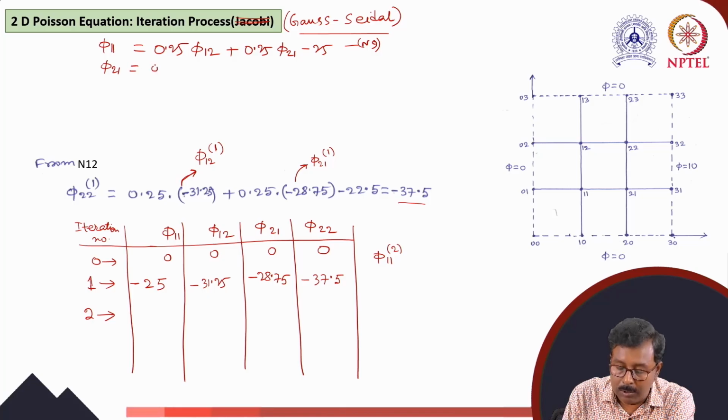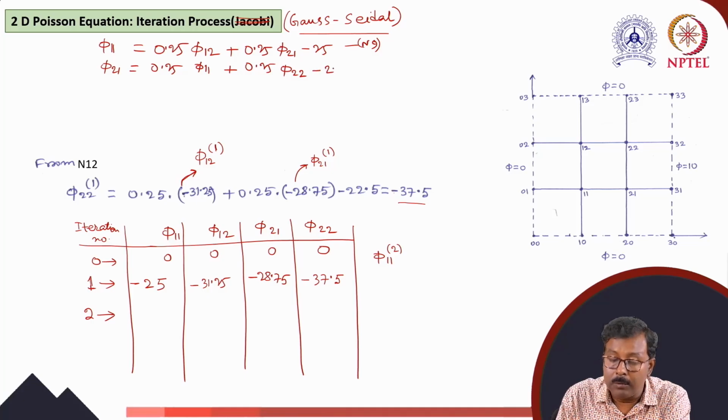Phi 2 1 is equal to 0.25 phi 1 1 plus 0.25 phi 2 2 minus 22.5, this is N10.